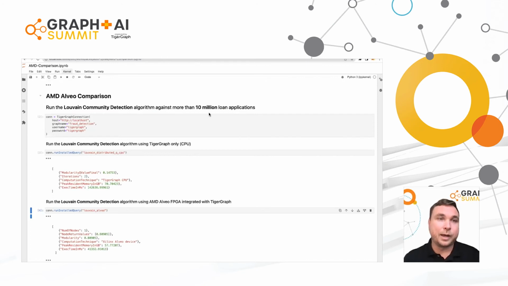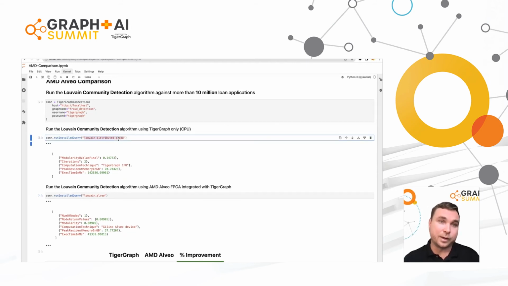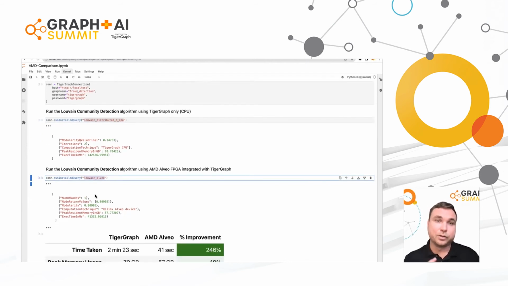And so how does the AMD hardware help us? AMD have an FPGA card which can be used to accelerate some of the graph algorithms that TigerGraph uses in fraud detection. So for example, when we ran the Louvain community detection algorithm against the entire data set, which is about 500 million data points for 10 million loan applications, we ran it once using pure TigerGraph with CPU, and another using the FPGA from AMD that's integrated with TigerGraph.